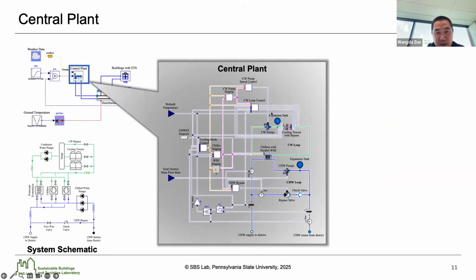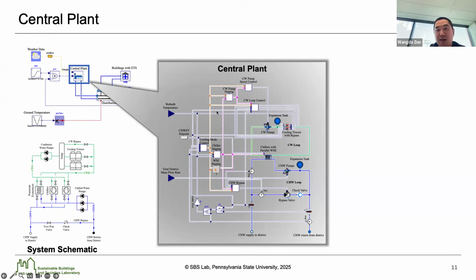Then you have bypass pumps here. You have the chillers with the water side economizer, and the condenser water and chilled water pumps with bypass valve. Then we also have different control blocks. One way we often do this is to use a solid line to indicate the physical connection, like the pipes.